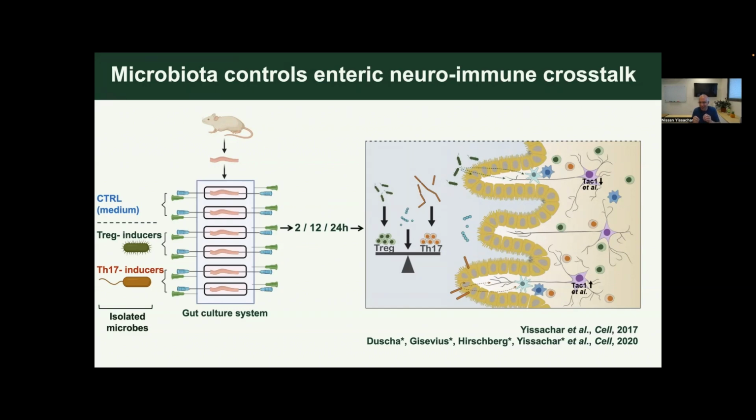We showed that Treg or Th17 inducing bacteria differentially activate these neurons and control the production of a specific set of neuropeptides that are produced by enteric neurons and then affect the intestinal immune system and direct it to differentiate towards inflammatory or anti-inflammatory conditions.